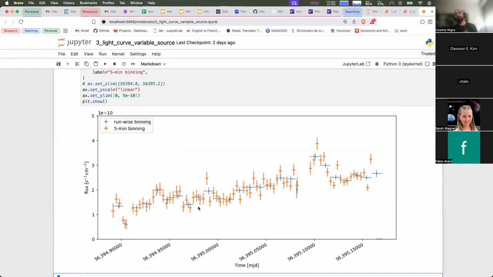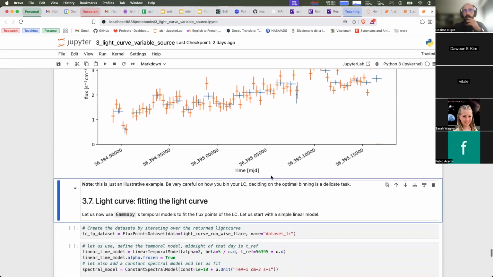In this case, I wouldn't say that we are learning much more. I don't think that if we fit some kind of function to the 5-minute binning light curve, we will get different results than fitting the function to the run-wise light curve. But in some cases where you have extreme flux variation, perhaps it might be interesting to use smaller time bins. Okay.